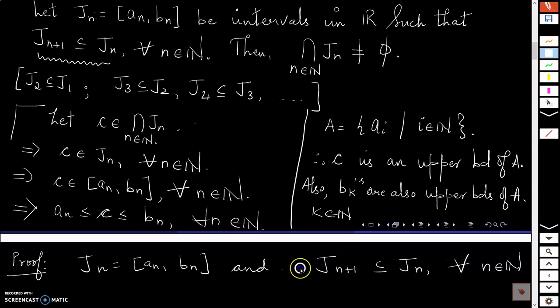Okay, so what this condition means is, if I pick a natural number alpha which is greater than beta, then J alpha will be a subset of J beta.